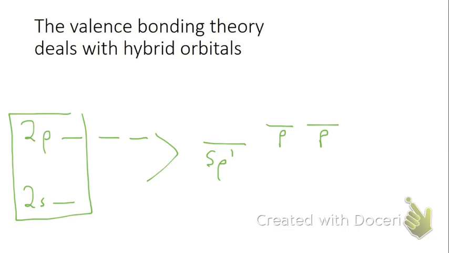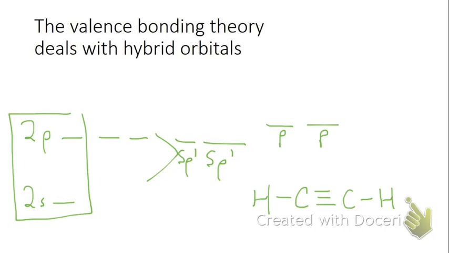If one unhybridized p orbital led to a double bond, what would 2 unhybridized p orbitals lead to? If you said a triple bond, you are correct. And I messed up. You should have 2 sp1 orbitals and 2 unhybridized p orbitals.